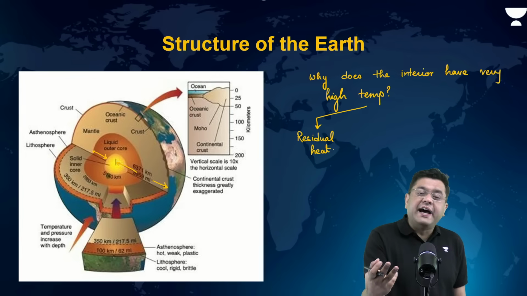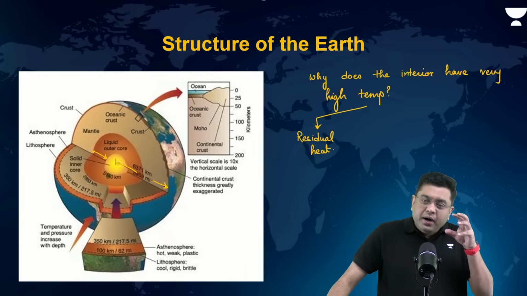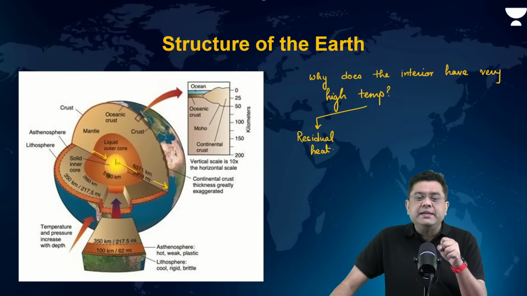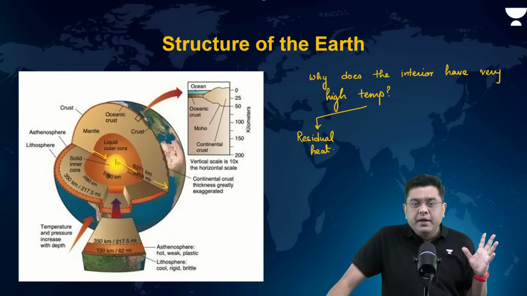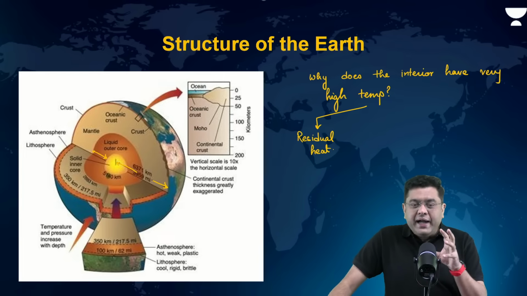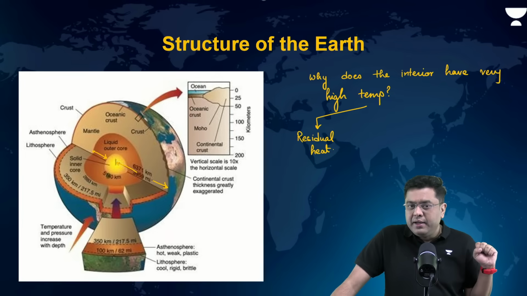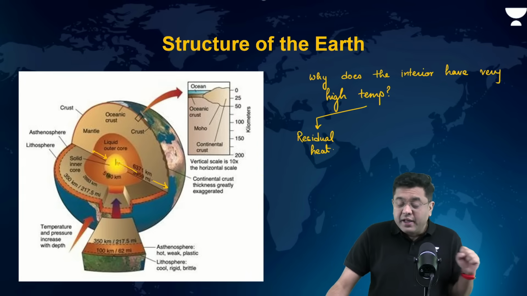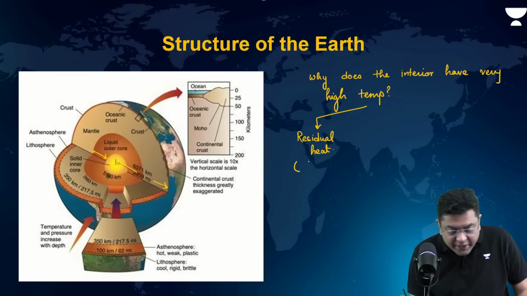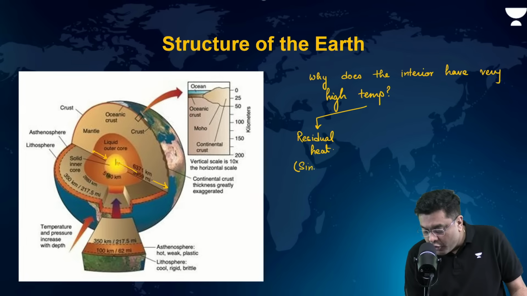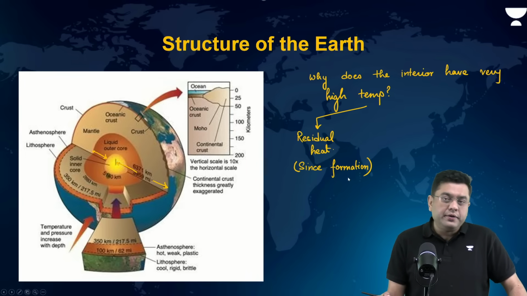So, since the time of formation, Earth has trapped heat in the interior. That is what is known as the residual heat, the heat since the formation of planet Earth.